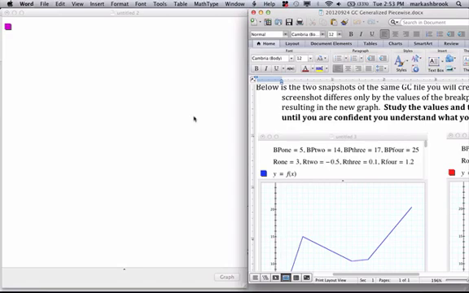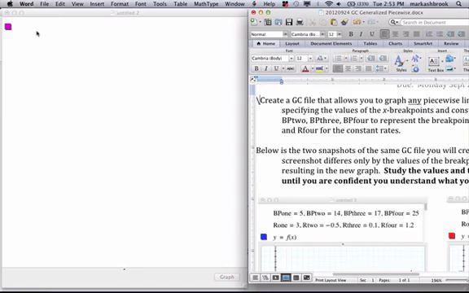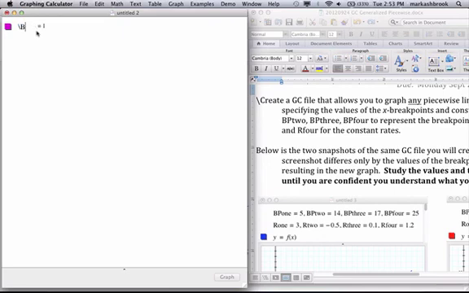So either we're going to be over here in graphing calculator, backslash BP1 equals, and I'll just start it at 2, it doesn't matter, then backslash BP2 equals 5, backslash BP3 equals 8, backslash BP4 equals 15.